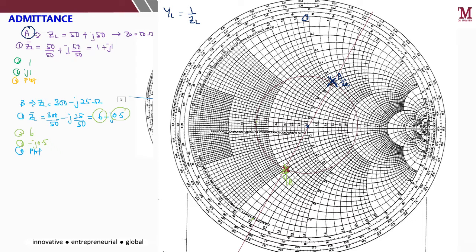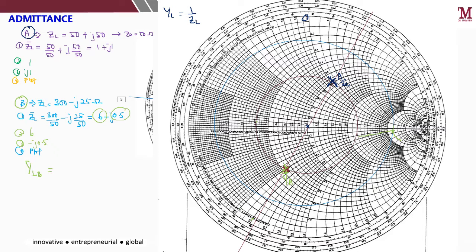Okay, and then the same goes for case B. If you have the load impedance equal to 300 minus j25 ohm, you need to determine what is your YL at point B. So ZL at point B, based on the normalized impedance, is 6 minus j0.5. So 6 is here, and then 0.5 is there. It's crossing there.